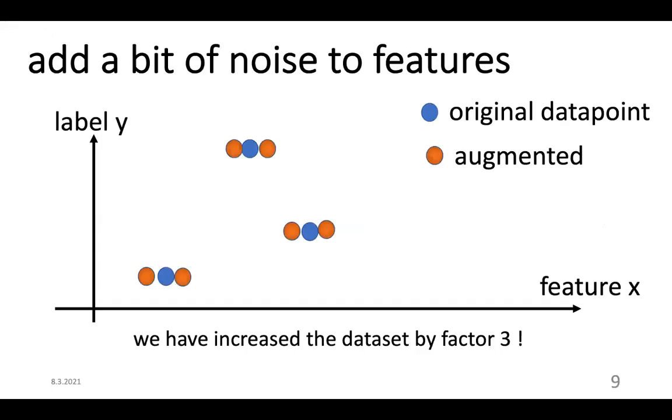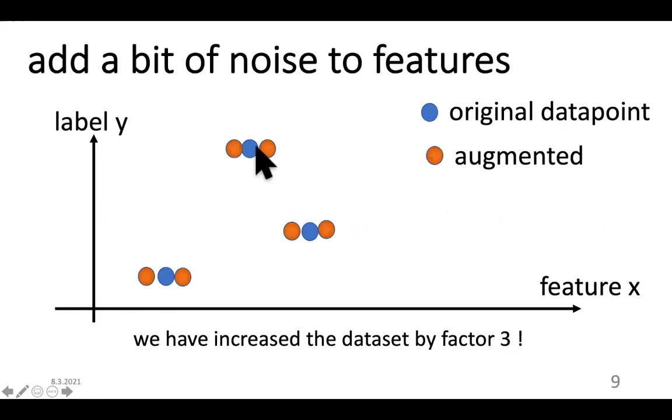And the idea is to create synthetic data points, to say, well, the relation between the features of a data point and the label should not depend so much on the precise values of the features, because there's typically always some noise in the measurements used for getting the feature values.